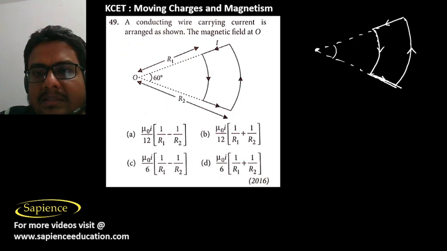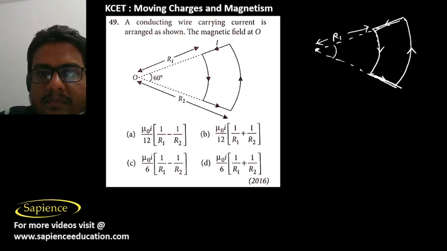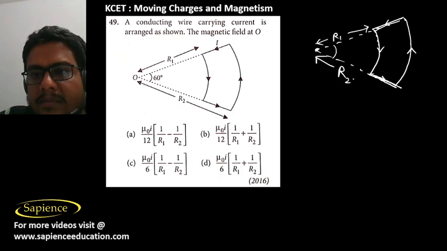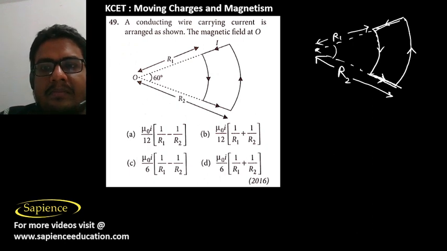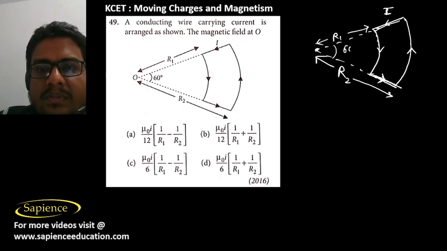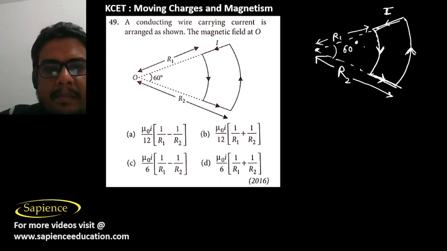Since this point lies on the line of these two straight wires, there is no magnetic field due to these straight parts. So this angle is 60 degree to these straight parts. Okay.